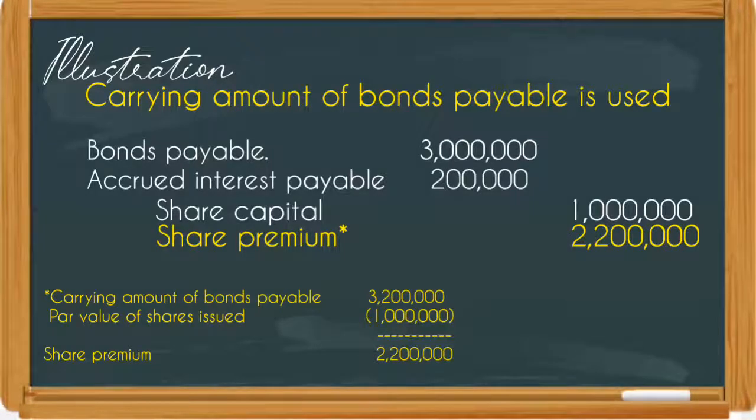Yung share premium natin, nakuha naman natin siya using carrying amount of bonds payable 3,200,000 less the par value which is 1 million equals to 2,200,000. In this case, wala na tayong i-record na gain on extinguishment of debt because it is stated that if the carrying amount of the liability is used, there is no gain or loss on extinguishment.